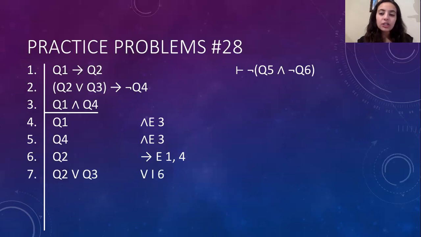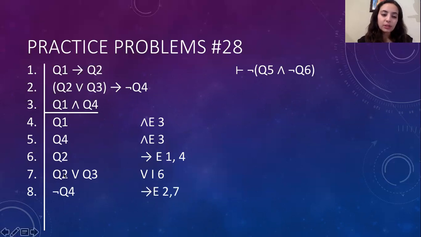Through disjunction introduction, I'm able to just randomly add whatever I like. And the reason I chose to add Q3 is because it's here and I want to eventually eliminate the conditional to get not Q4 out. Sound good? And that's exactly what I did.